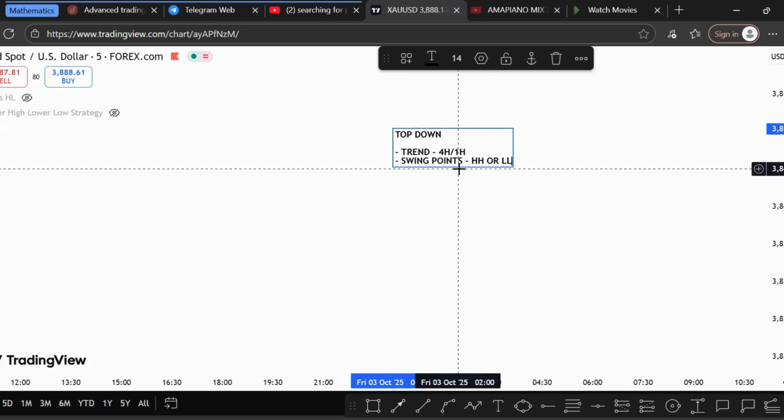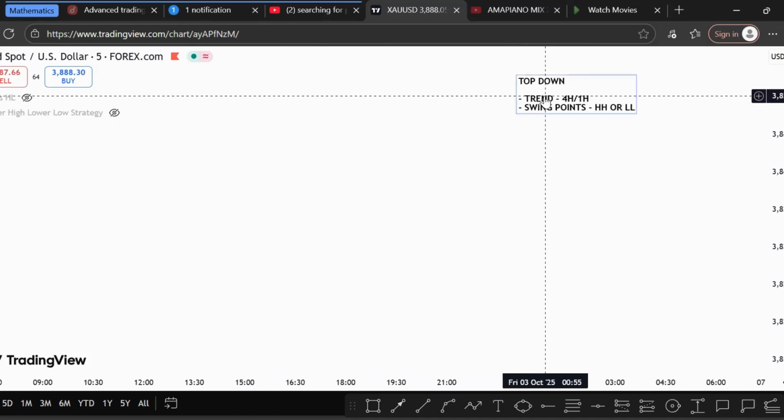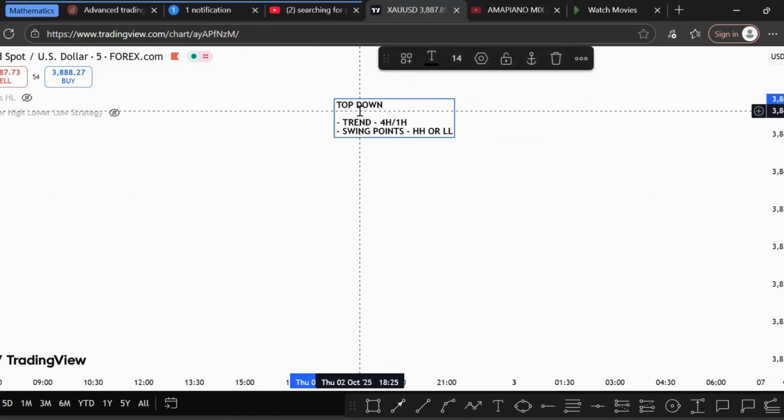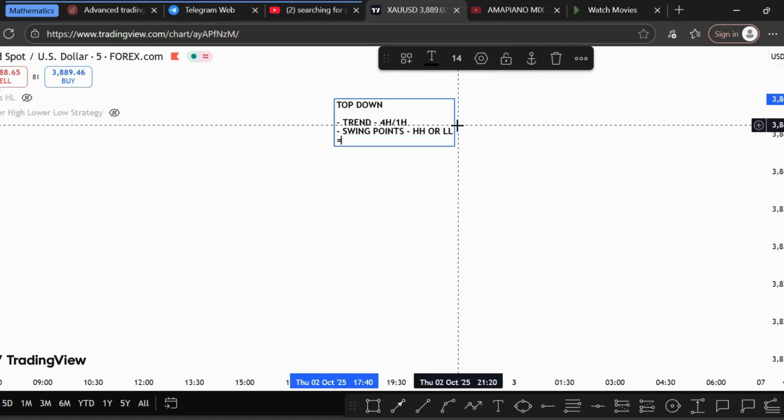So once you've marked all of these, just like I did with gold a couple of minutes ago when I showed you from the 4 hour, I used those swing points to come down to smaller time frames. Then you want to move down to 15 and 5 minutes, not yet for entries, but just to understand the trend on those.